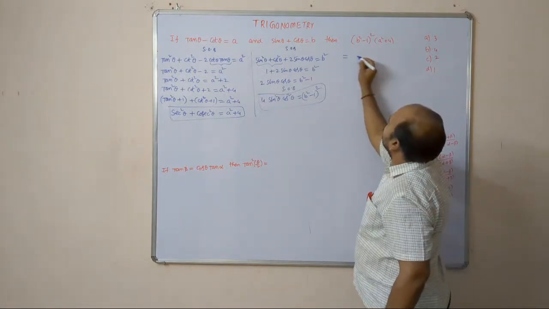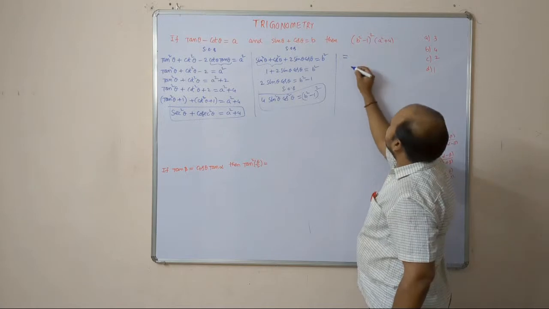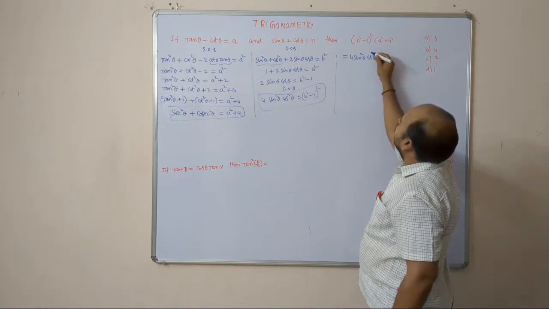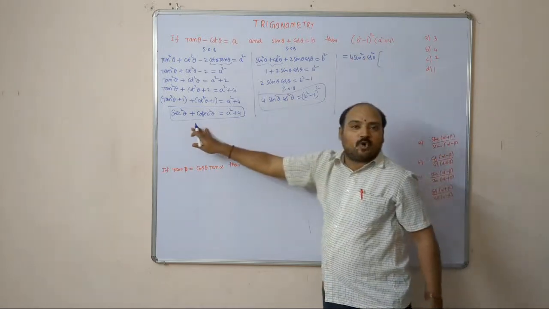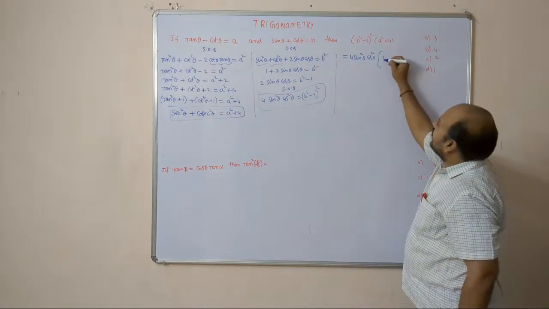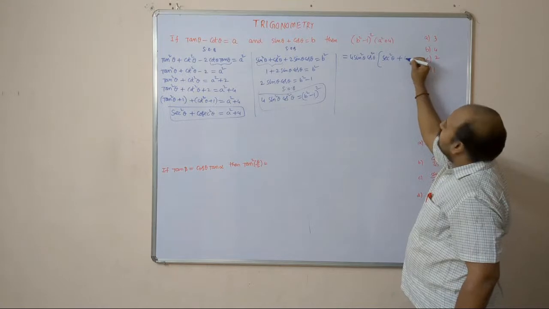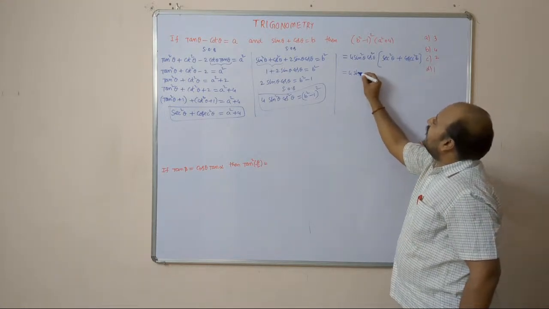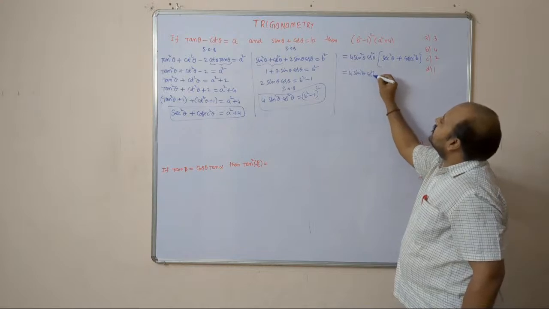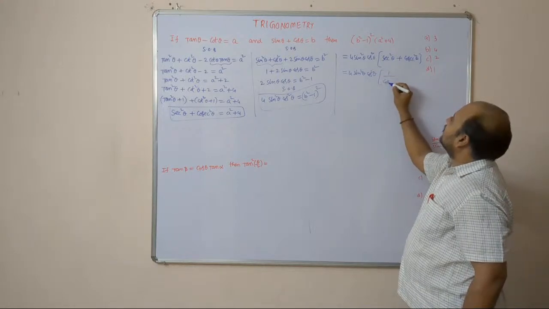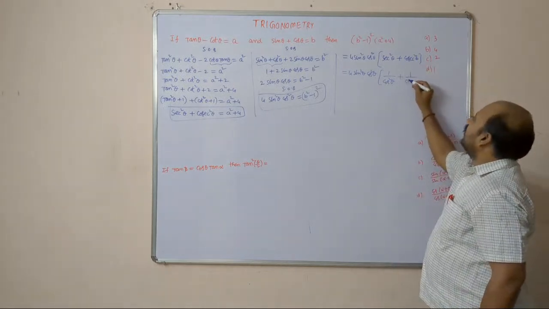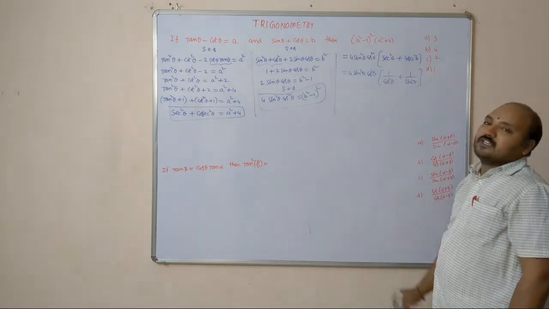(B square minus 1) whole square is 4 sin square theta cos square theta only. What is A square plus 4? This value: secant square theta plus cosecant square theta. So 4 sin square theta cos square theta can be written with cos square theta reciprocal and sin square theta reciprocal, and we do the multiplication.